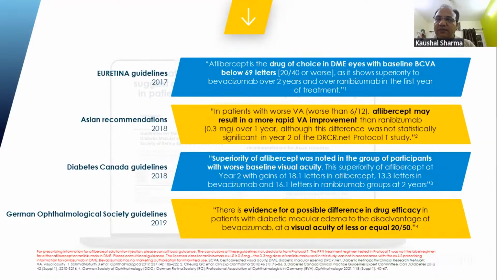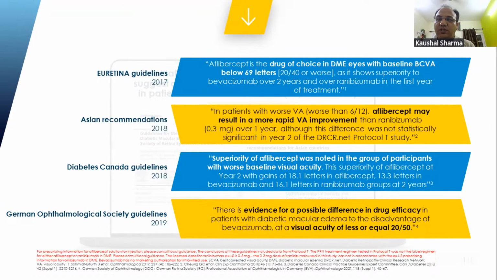Per the Euretina guidelines, aflibercept is the drug of choice in DME eyes with baseline BCVA below 69 letters, 20/40 or worse, and its superiority to bevacizumab over 2 years and over ranibizumab in the first year of treatment.